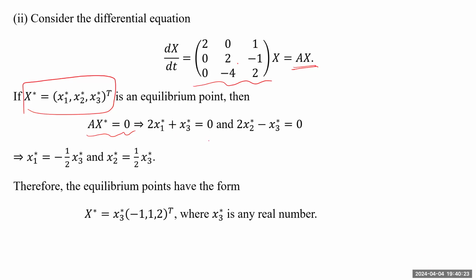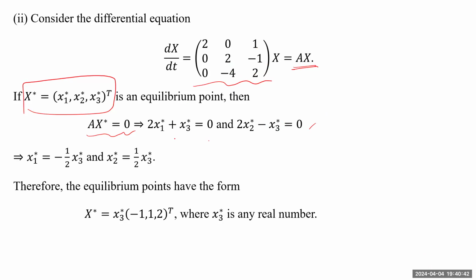The second one, 2x2 star minus x3 star is equal to 0. Of course, we can make the last one 0, as we did previously, by using the row operation. So that's why I didn't take the last one.